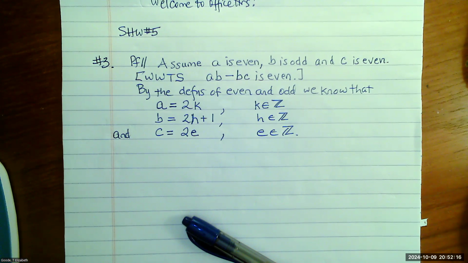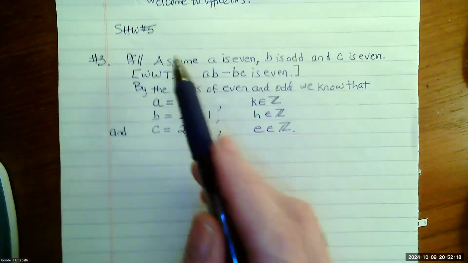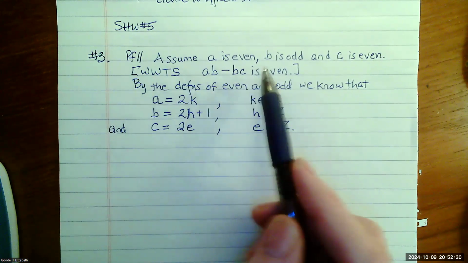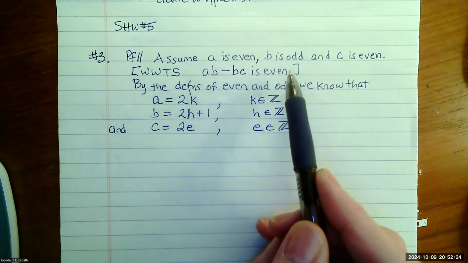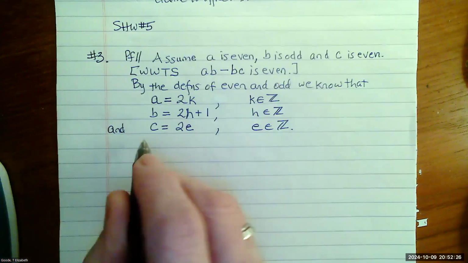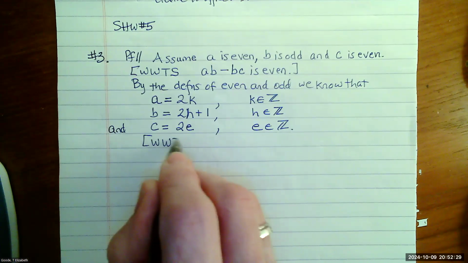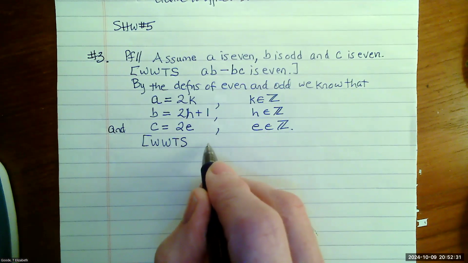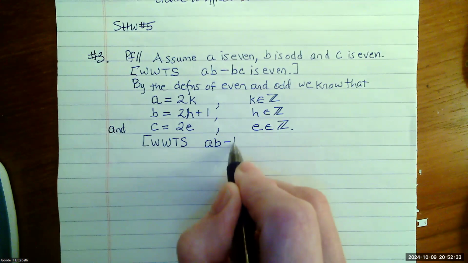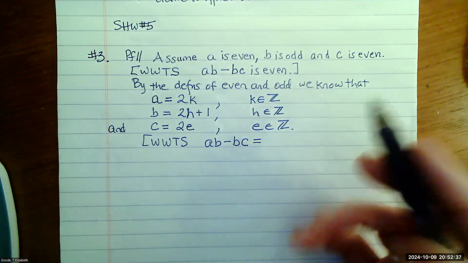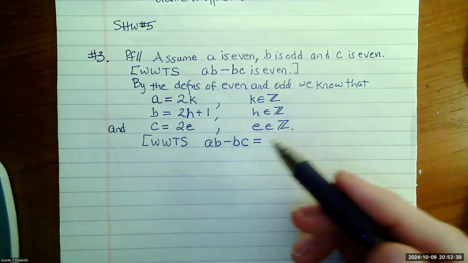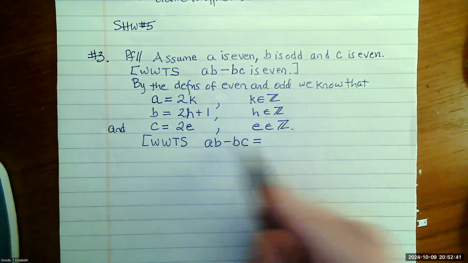So now let's unpack this wish. When we say we wish to show that AB minus BC is even, what are we really showing here? What do we really wish to show? We want to show that AB minus BC equals what? We got to have an equation here because we got to satisfy even.